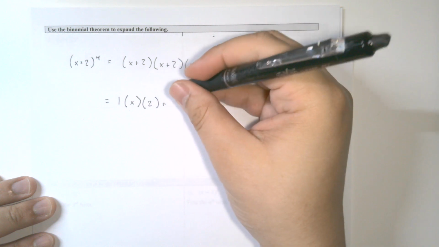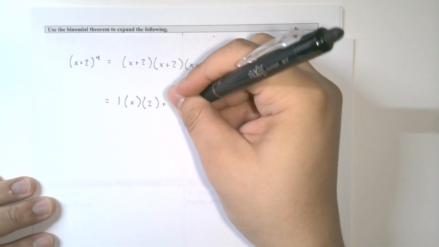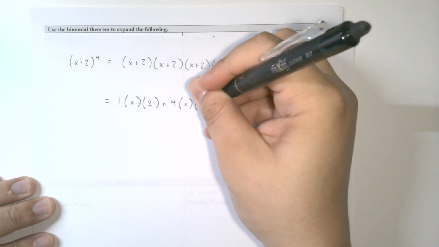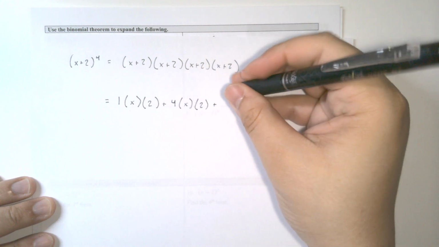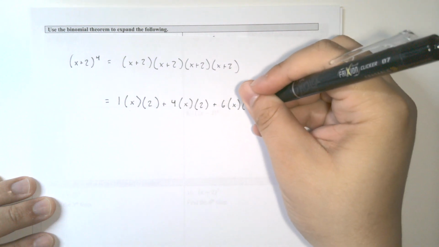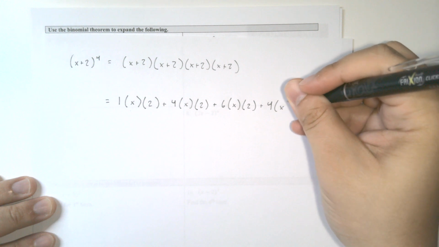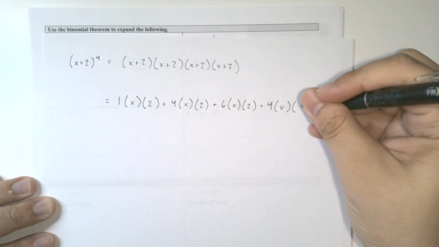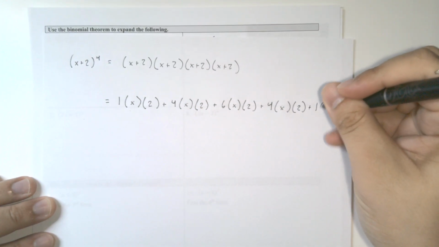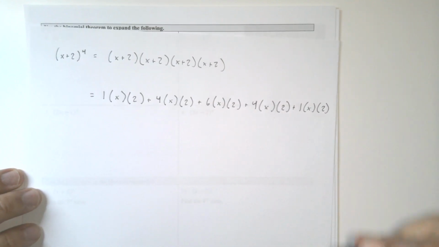And then I'm just going to write this all out first. So this is going to be 4 times x times 2 plus 6 times x times 2 plus 4 times x times 2, and then plus 1 times x times 2.